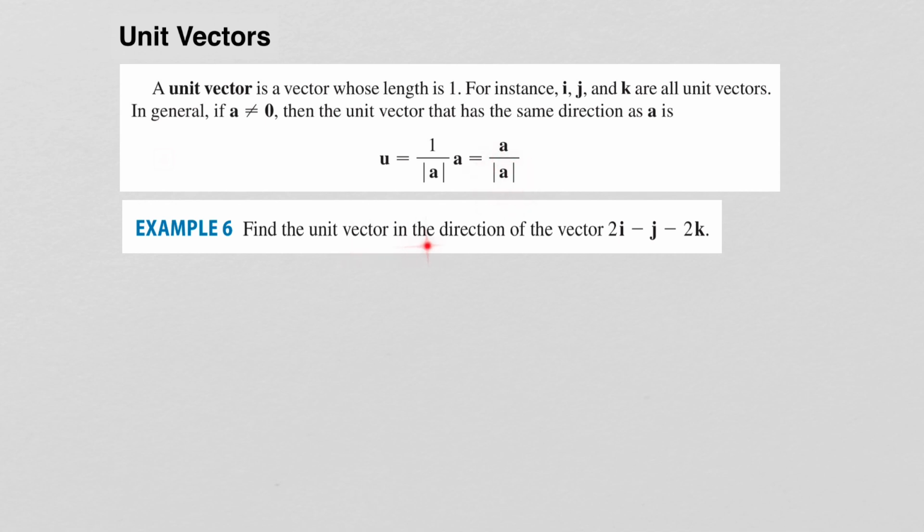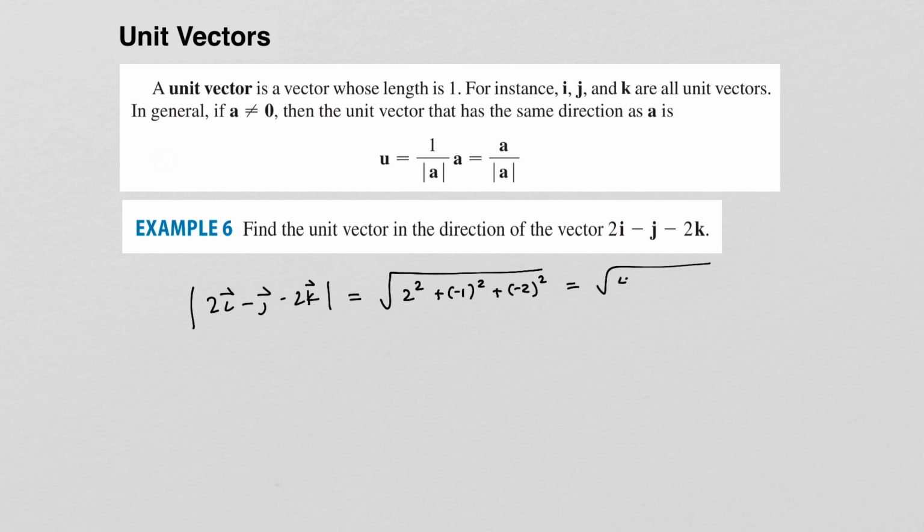So to find the unit vector in the direction of the vector given here, the first thing we would do is find the length of the vector 2i minus j minus 2k. To find that length, we will take the square root of 2 squared plus negative 1 squared plus negative 2 squared, which is the square root of 4 plus 1 plus 4, which is the square root of 9, which is 3.